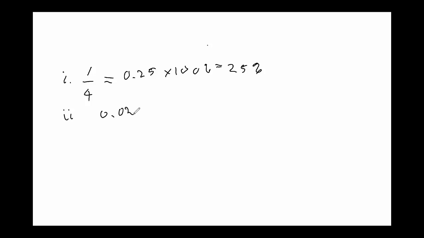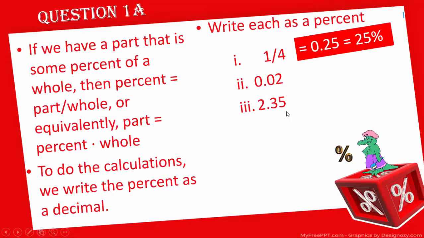Well, just like above, we now already have it in terms of a decimal. So here we will just multiply it by 100%. And we end up getting that to be 2%. Now coming back to the PowerPoint, we fill it in. And here it is, our 2%.